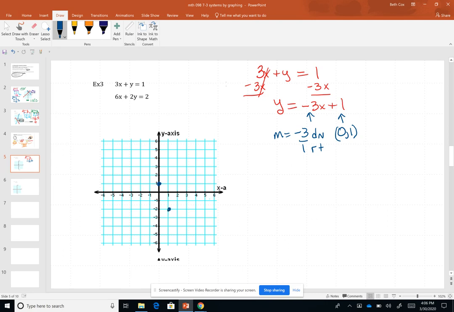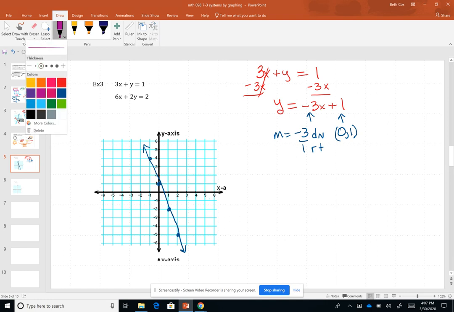Now, in the math lab, again, you don't have to do but 2 points, but since I'm doing them by hand, I'm going to do down 3 and right 1 again, and then I'm going to study that pattern, and I'm going to find that there's another one right here. So I can get a good look at my graph. That's pretty crooked, but hey, not too bad. So that's the first line.